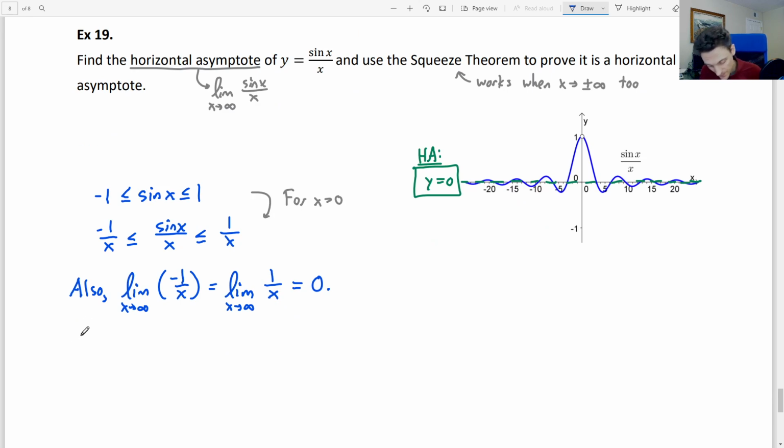So, by the Squeeze theorem, the function in the middle right here, the sine x over x, also has to go to 0 as x approaches infinity.